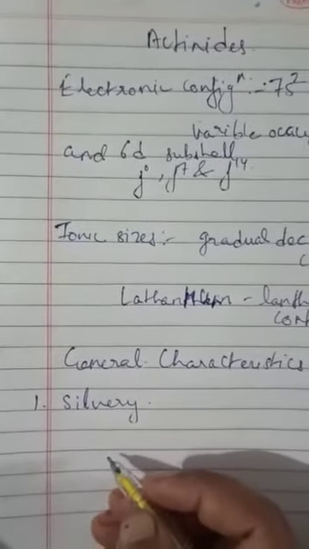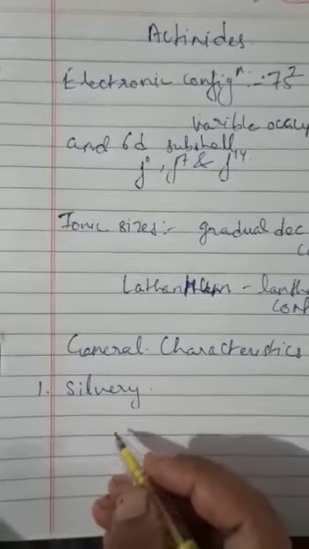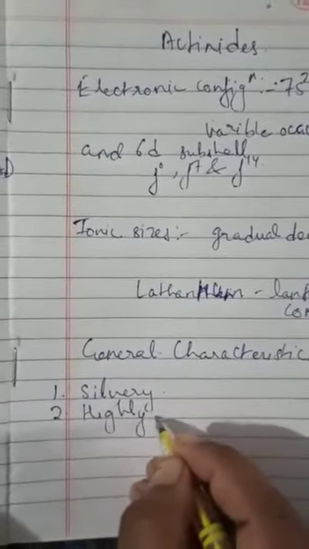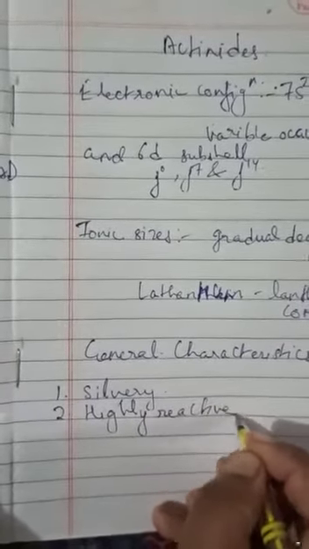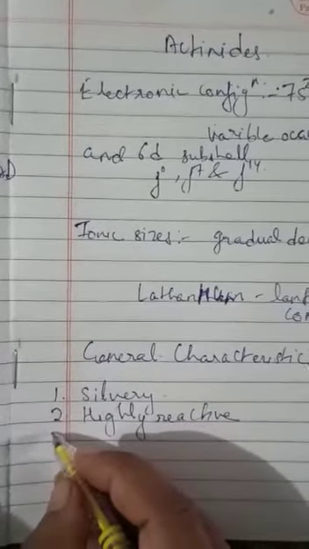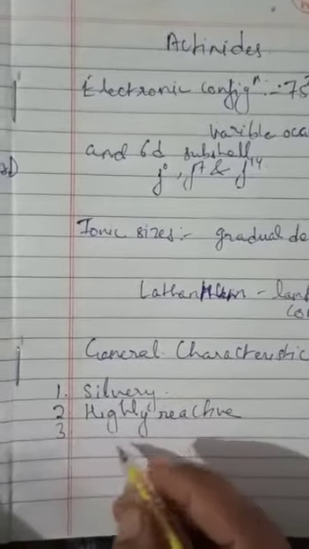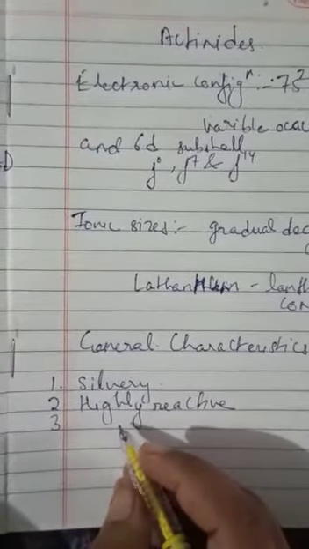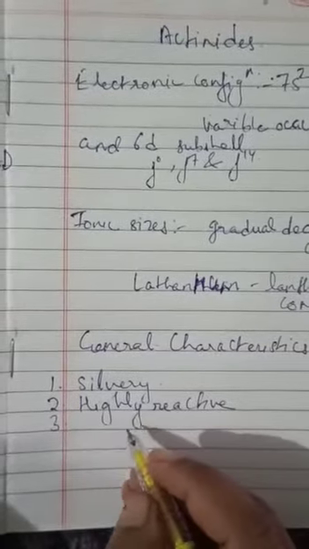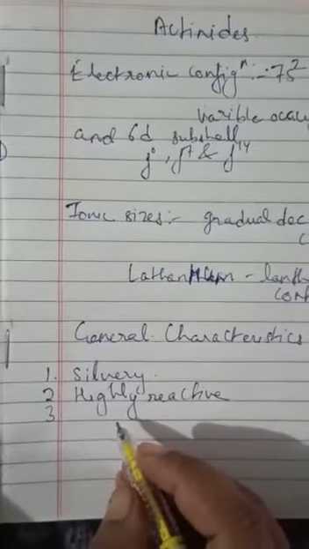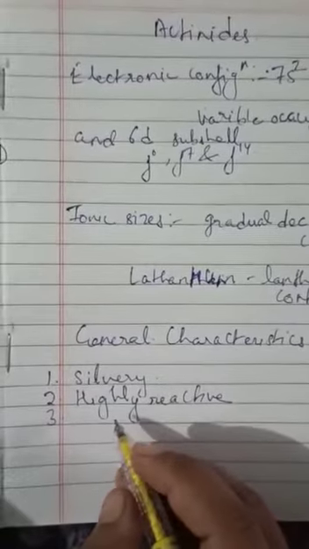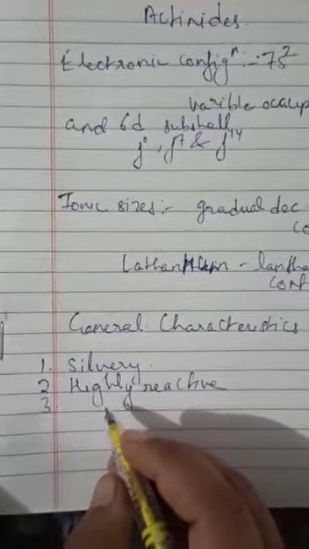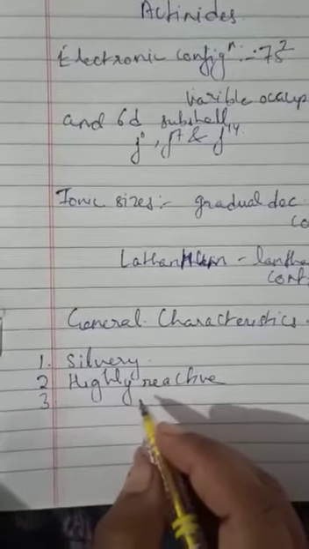Okay, and also the actinides are highly reactive in nature, and the magnetic properties of actinides are more complex than those of the lanthanides, although the variation in the magnetic susceptibility of the actinides with the number of unpaired electrons is roughly parallel to the corresponding results of the lanthanides.